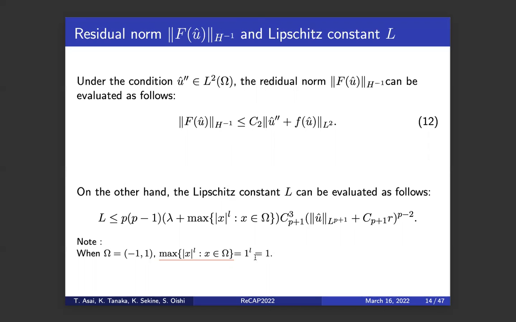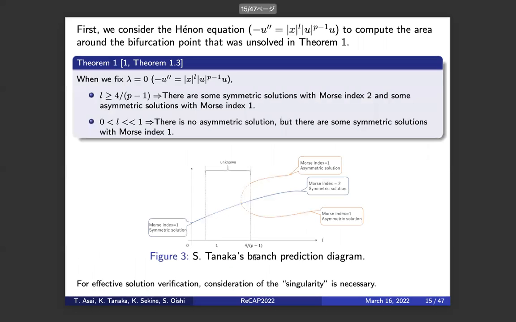Okay, and next. First, we consider the Hénon equation, like that equation, to compute the area around the bifurcation points that was unsolved in theorem 1, like that prediction diagram.